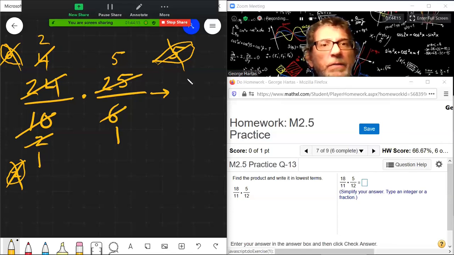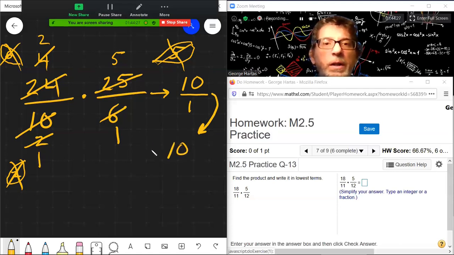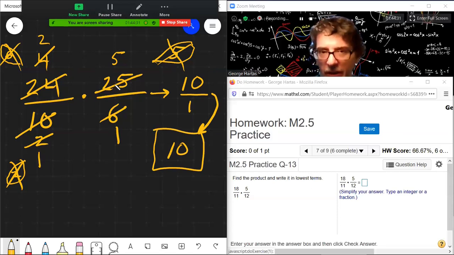2 times 5 is 10. Multiply straight across. 1 times 1 is 1. And 10 divided by 1 is 10. Nice. Now, it took me a while to do this because I had to explain it to you. But if you were good with multiplication and you were just banging this out, you'd be done in less than 30 seconds.